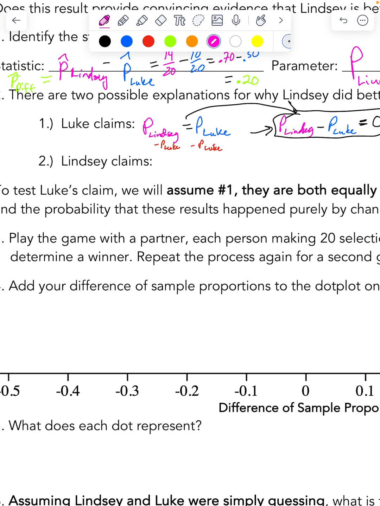Lindsay has a different claim. She thinks she's actually better. So we're going to say that she is greater than Luke. But again, if I wanted to, I could subtract P Luke from both sides.